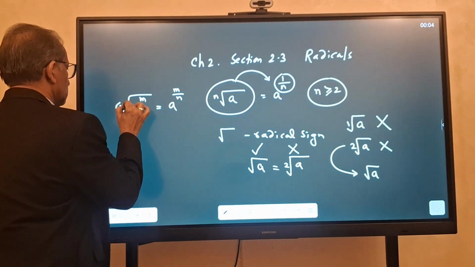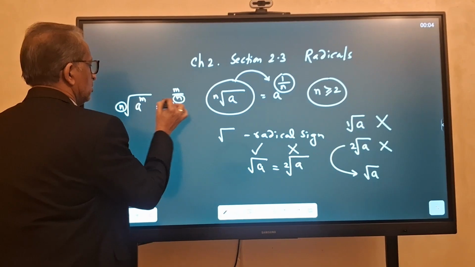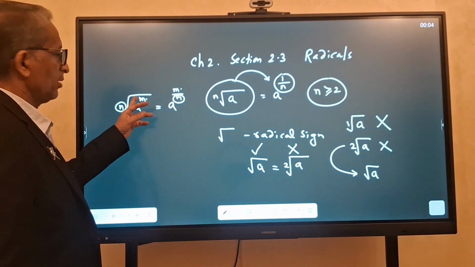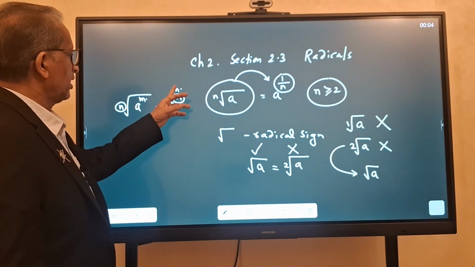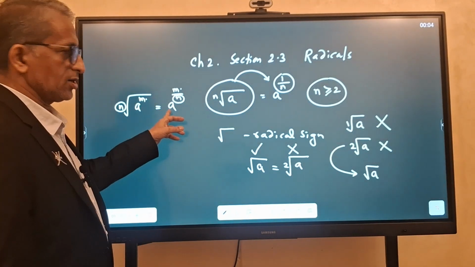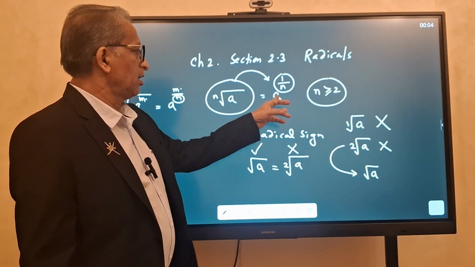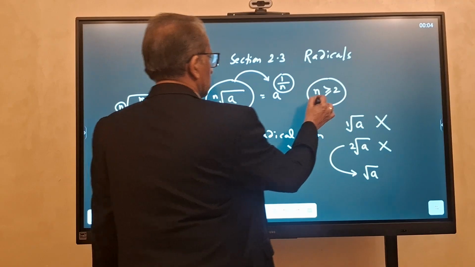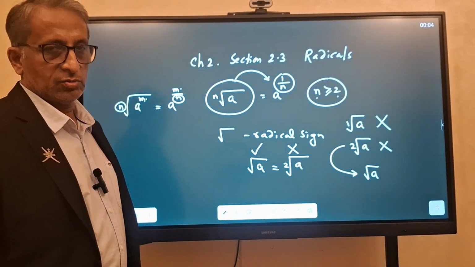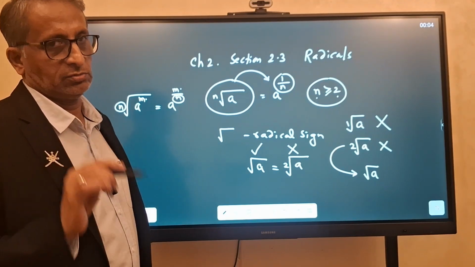Please remember, this number is always down and this is up. So the nth root of a power m is a power m by n. This is also radical and rational exponent, but here n should be greater than or equal to 2, but don't write 2.